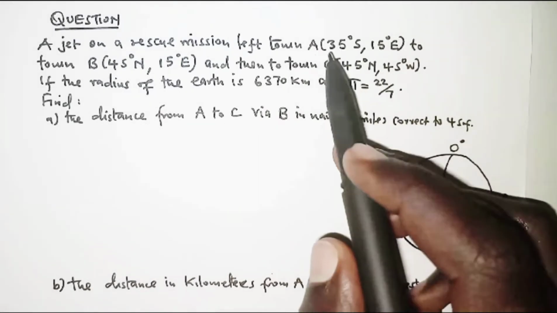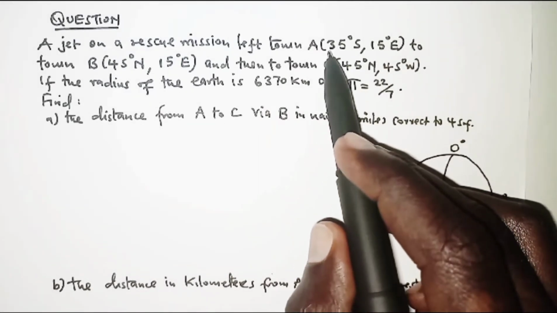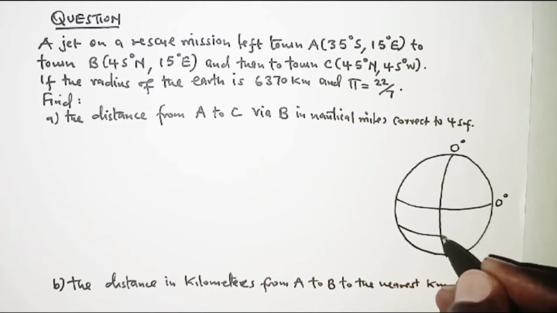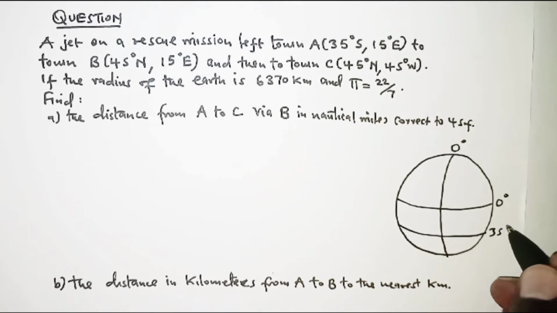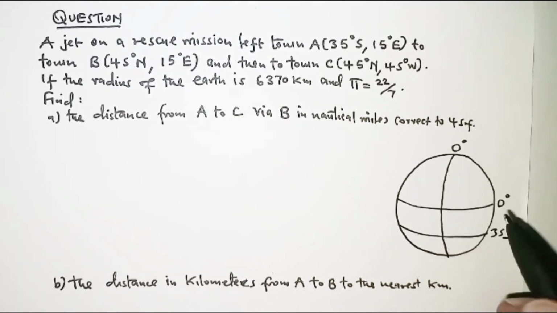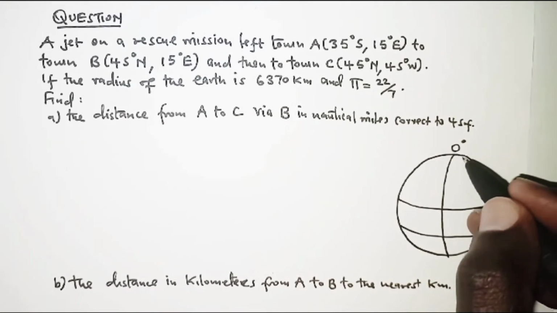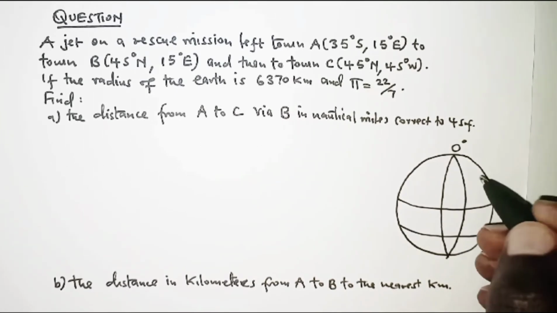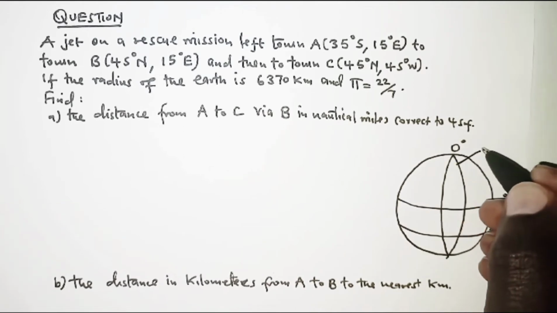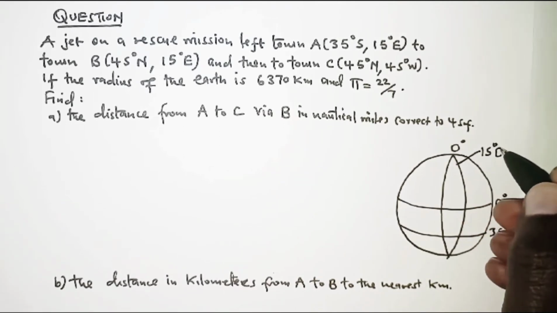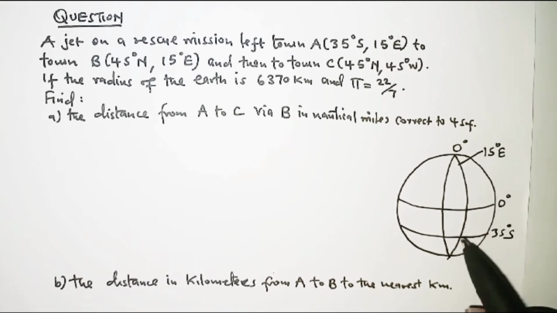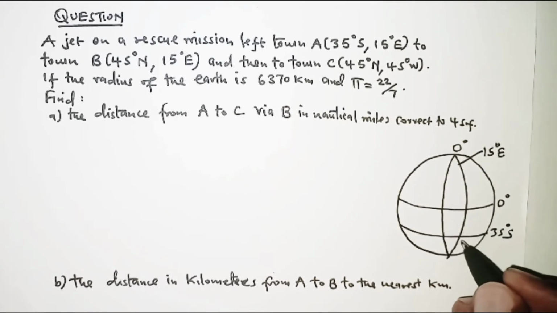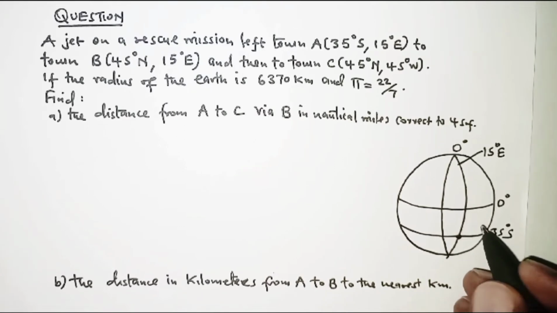Then town A lies on latitude 35 degrees south, and on longitude 15 degrees east. So this is east of the prime meridian, 15 degrees east of the prime meridian and 35 degrees south of the equator. So where the two meet, that is the position of A.